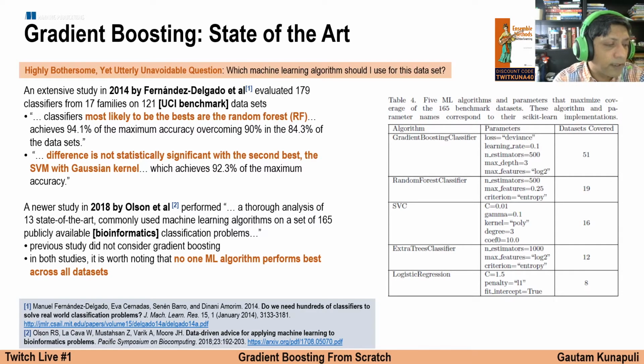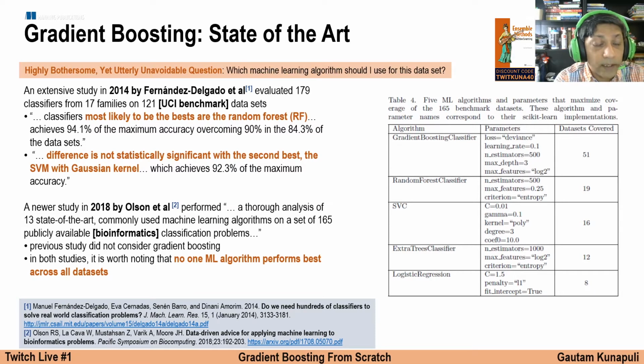And this kind of represents our understanding of the state of the art at that time. So the 90s and early 2000s were all about support vector machines, and then we transitioned to random forests, which are also an ensemble learning method.